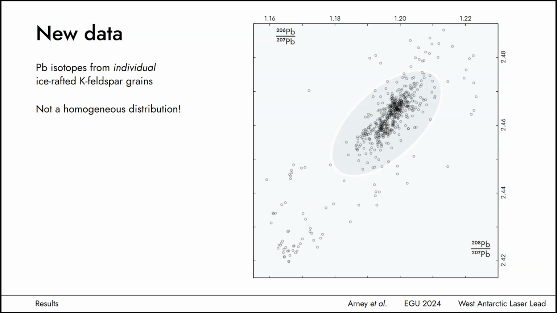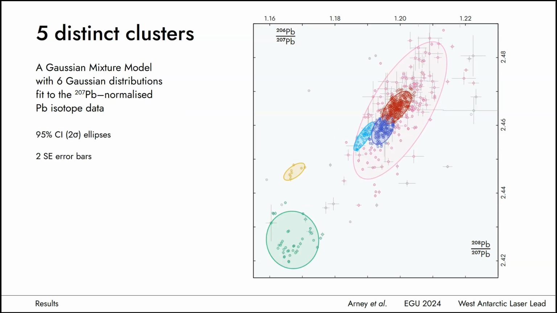So I fitted a 6-component Gaussian mixture model to this data, and we've got 5 distinct clusters, 3 in the central area, the red, dark blue and light blue, and then 2, yellow and green, down to the bottom left.